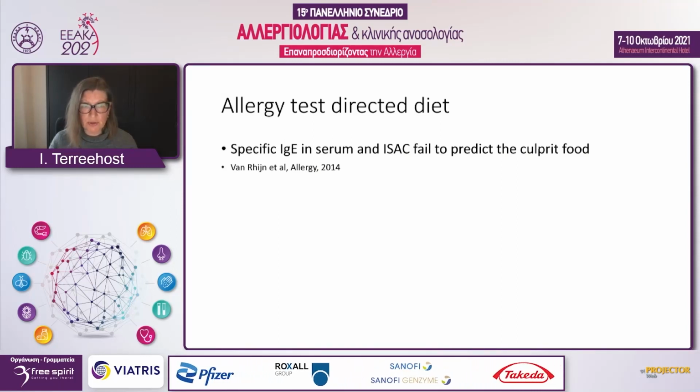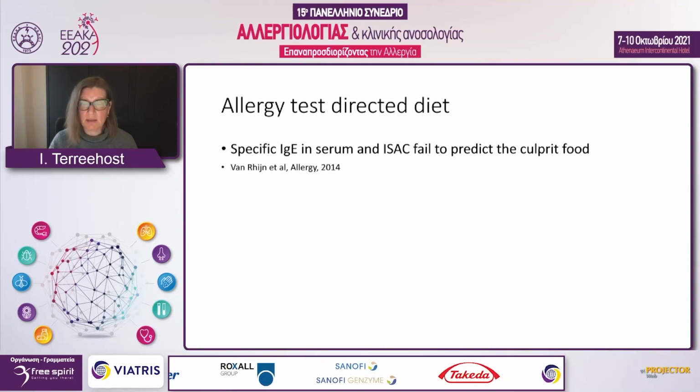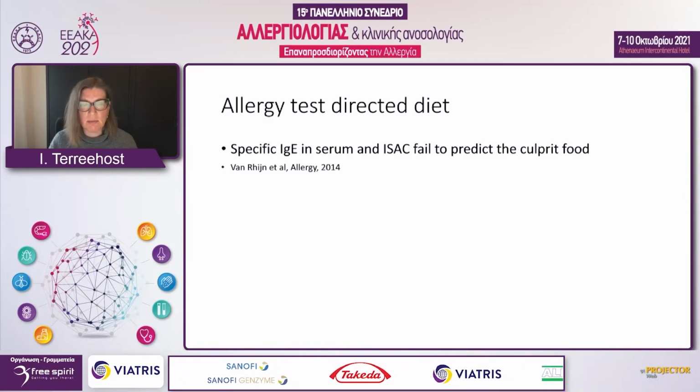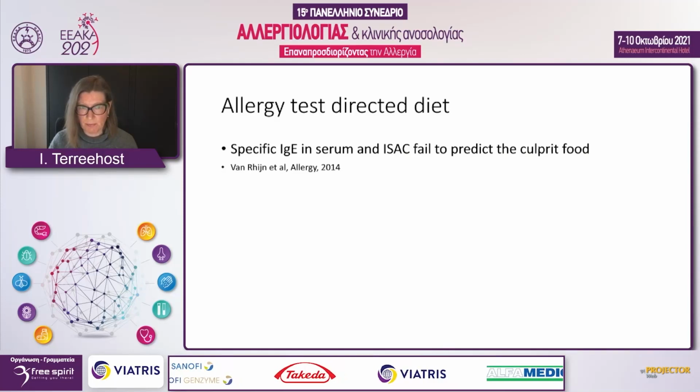And in the first 15 patients, the results were so bad that the study was actually stopped. And the same is true for other studies that use specific IgE in serum. The predictive value is not good.